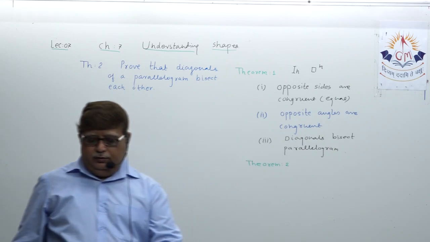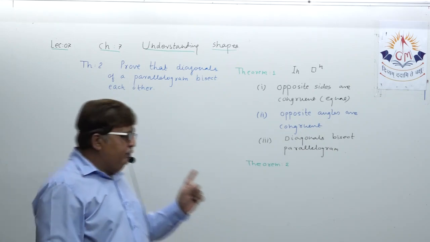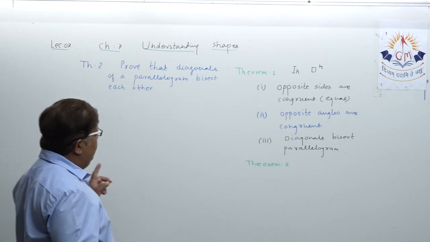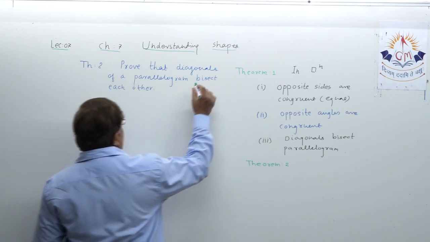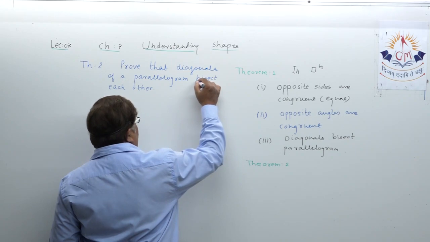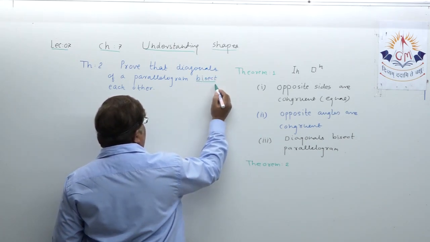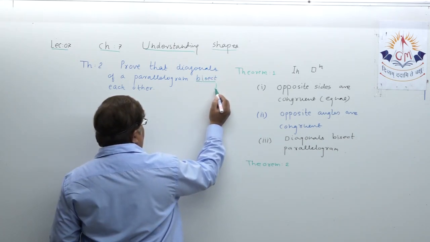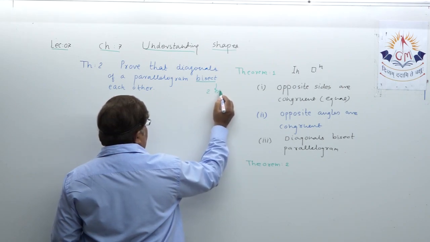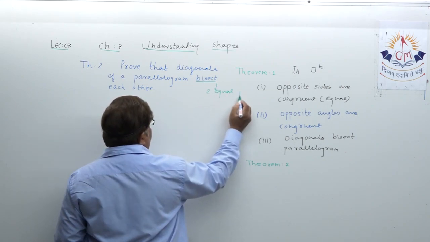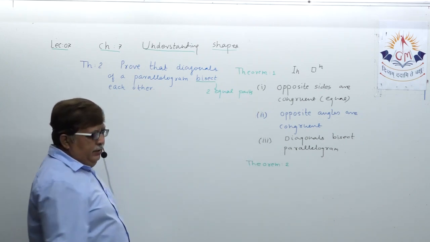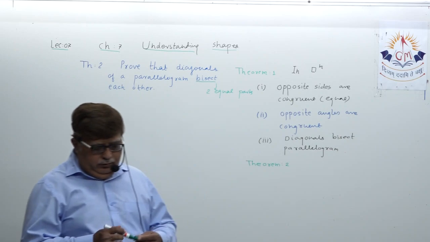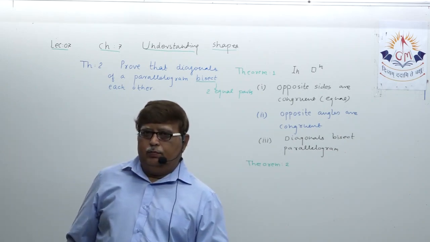Dear student, this word has to be very, very clear in your mind before I start explaining the theorem. Bisect means dividing into two equal parts. Is it clear in your mind? Understand? Bisects means dividing into two equal parts.